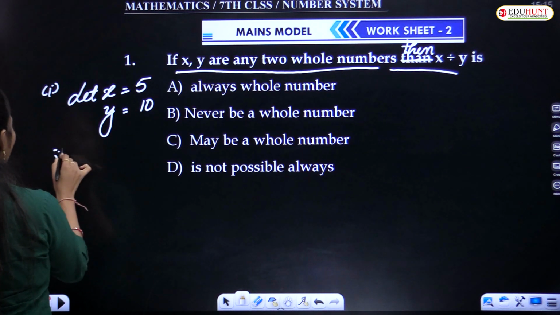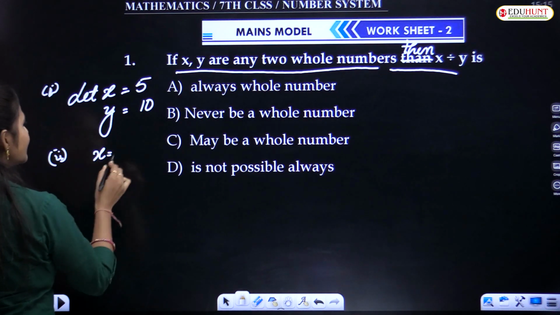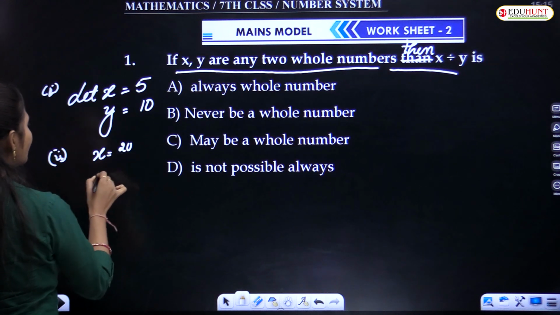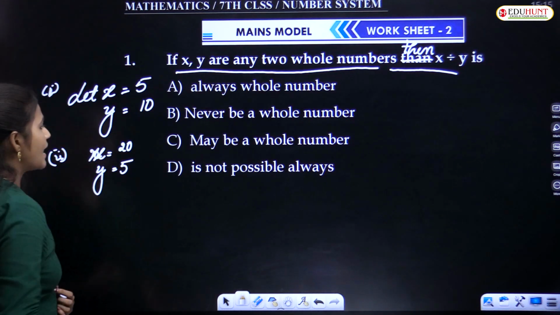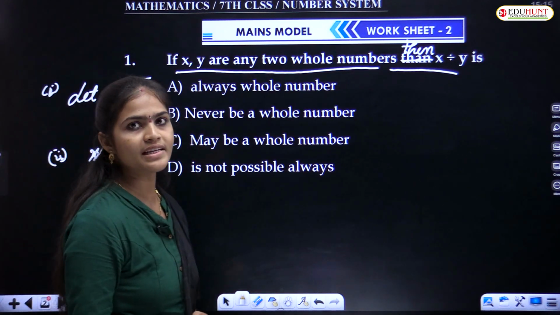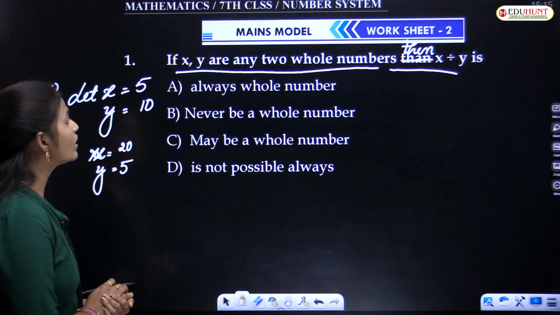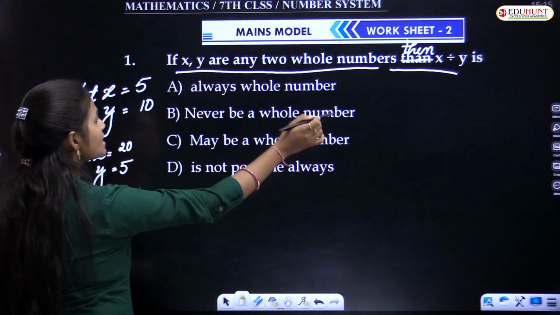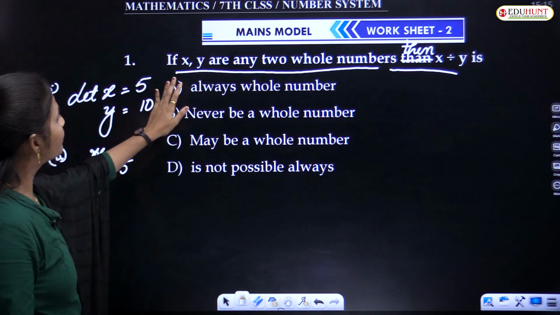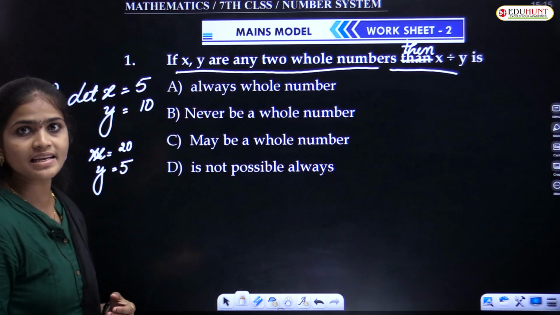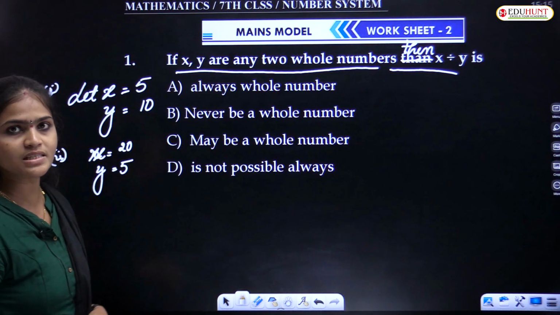And case 2, let x equals 20 and y equals 5. These two numbers I have taken, two cases. So what is the first option? Always a whole number. If x and y are whole numbers, the first condition says the result is always a whole number.